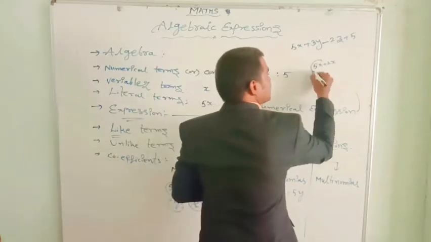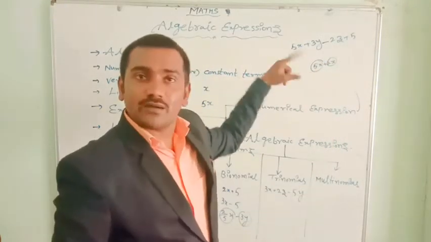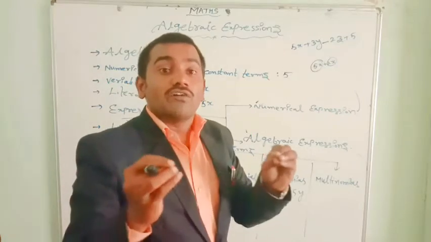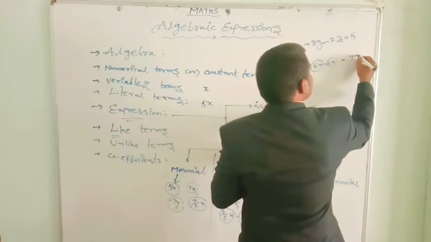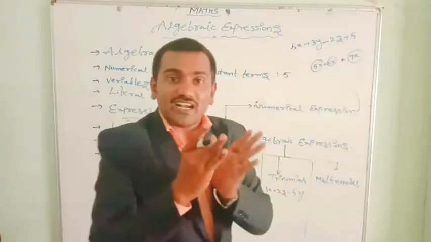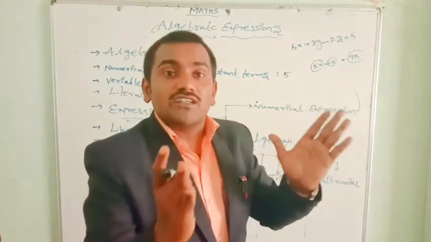Why? Here 5x and 2x both are like terms. They have the same variable and same exponents. So for like terms, we can add or subtract. So 5x plus 2x is 7x. We can simplify that: 5x plus 2x equals 7x. It's not a separate term; that is a single term.